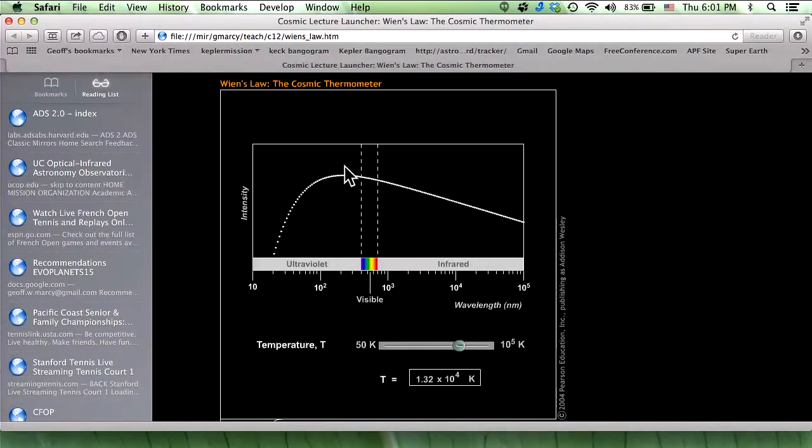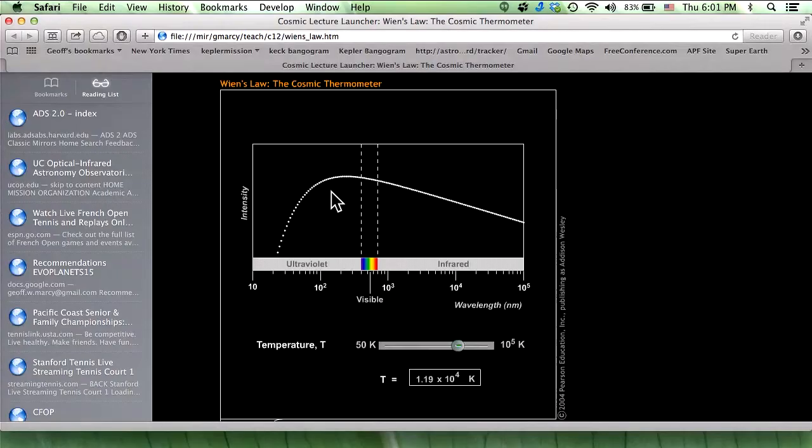And the peak is now over here. The wavelength at which most of the light is emitted has shifted over to here from where it used to be. Let me put it back around here or so. The peak used to be at 1,000 nanometers, but when I made the object hotter, it got brighter, and the peak wavelength, the wavelength at which most of the light was emitted, is a shorter wavelength of light.